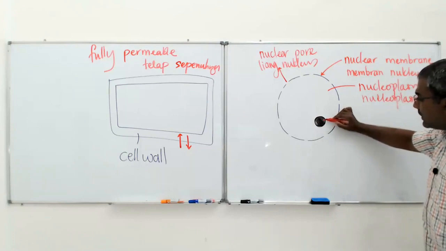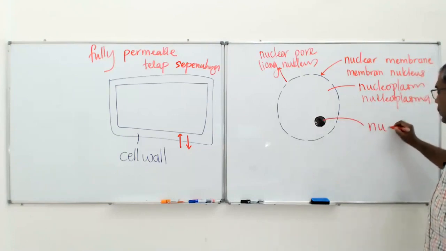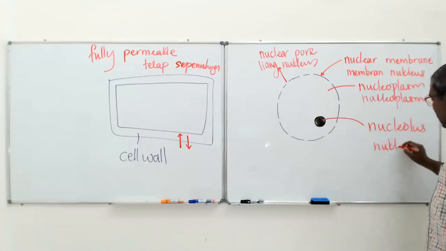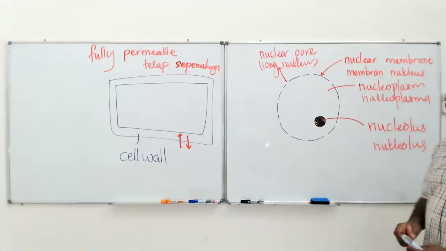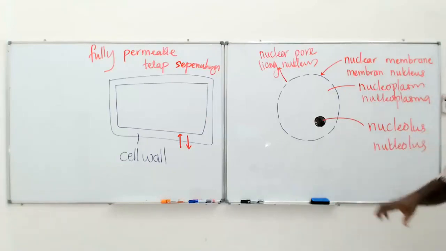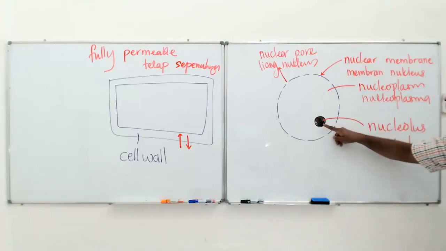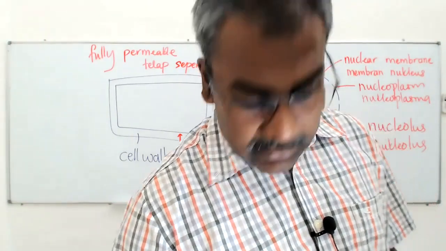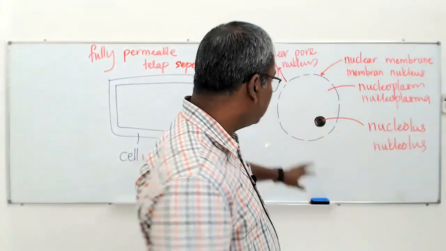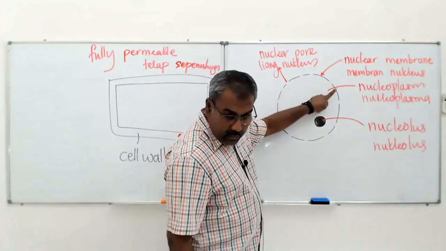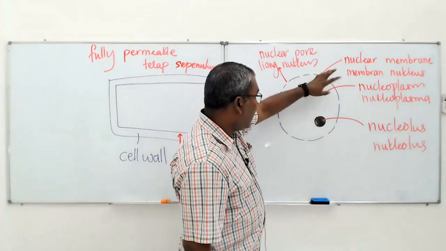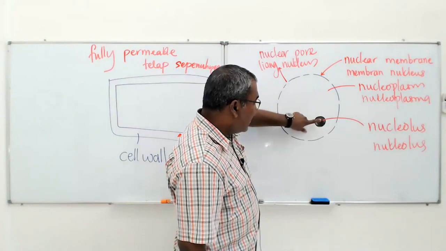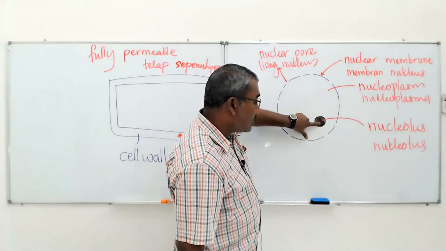Dalam sel ada cytoplasm kan, so this is like cytoplasm in the nucleus, so we call that nukleoplasm atau nukleoplasma. Dan yang bulat ni kita panggil dia sebagai nucleolus. Okay, yang sekarang warna hitam, we call this nucleolus. Right? Alright. So, nuclear membrane, nucleus, nucleoplasm atau nucleoplasma, then we have nucleolus, right?